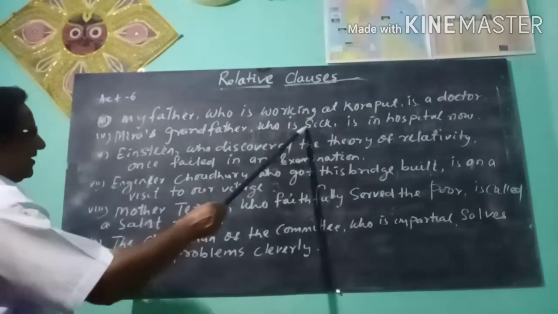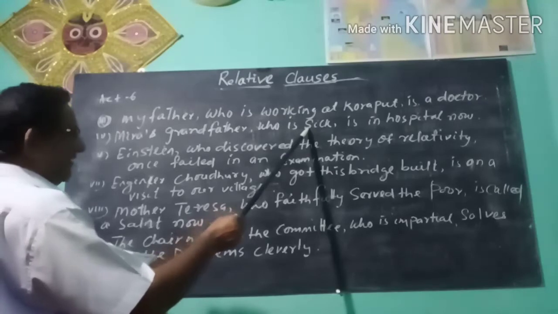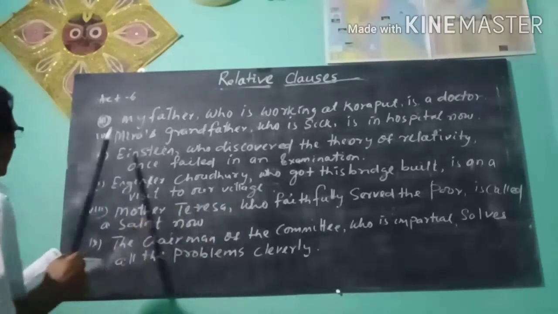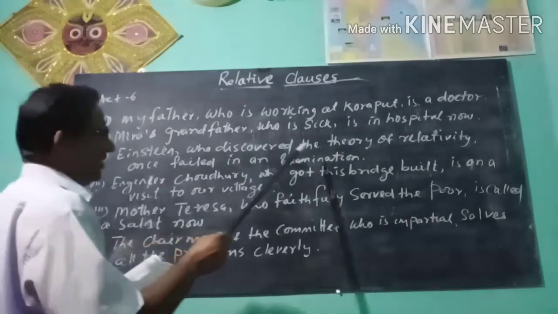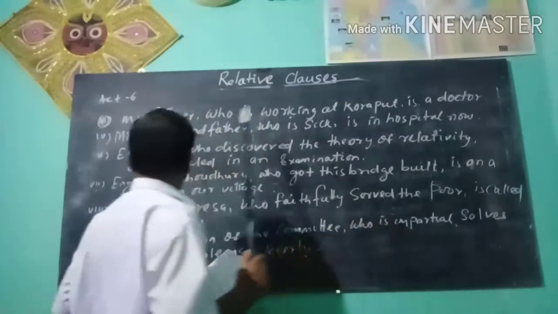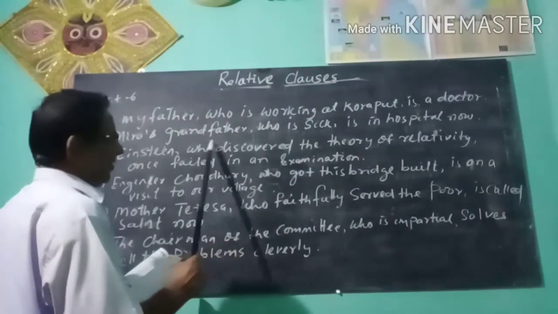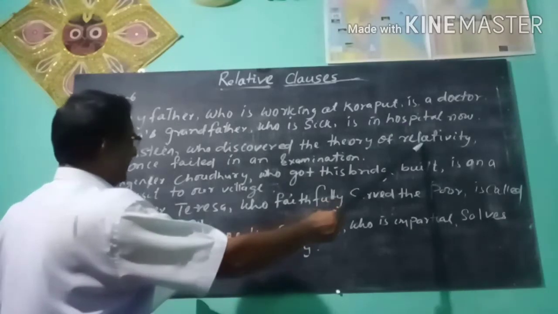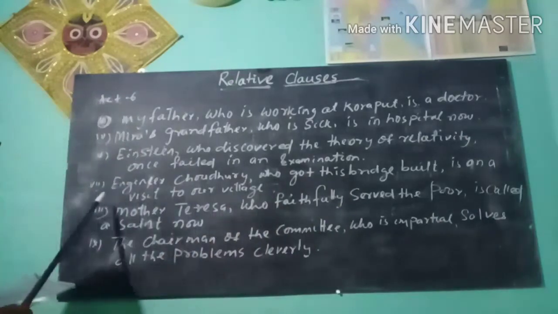Who is sick is a relative clause, non-defining relative clause. You see sentence number 5. Einstein, who discovered the theory of relativity, once failed in the examination. Who discovered the theory of relativity is a non-defining relative clause.